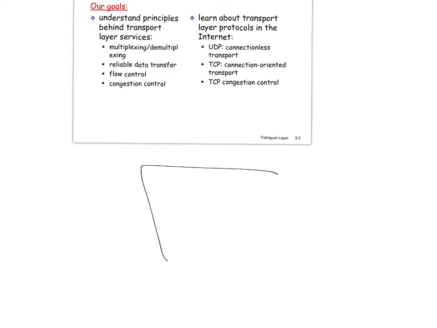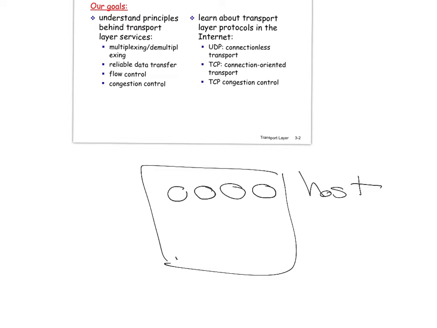we have a host, this host contains multiple endpoint applications. By endpoint application, I mean like a browser tab, FTP client, FTP server application, things like that. Okay? Each application endpoint runs in a separate process or thread.